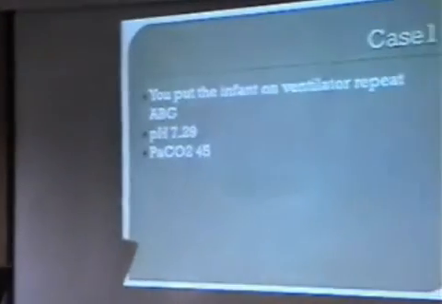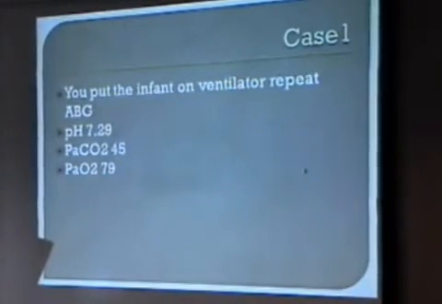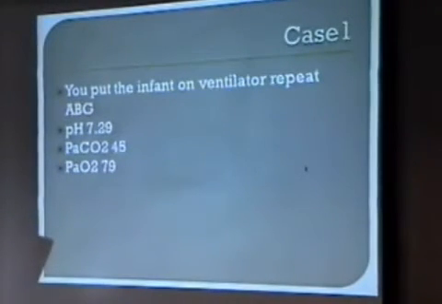Yes? Okay, now you put the baby on the vent and you repeat the ABG. Now pH 7.29, PCO2 45, sorry, PO2 79. So now what's your diagnosis? Okay, so now we're still acidosis, acidemia, right? Now PCO2 is normal, right? So this is the 7.29 that we were just talking about.